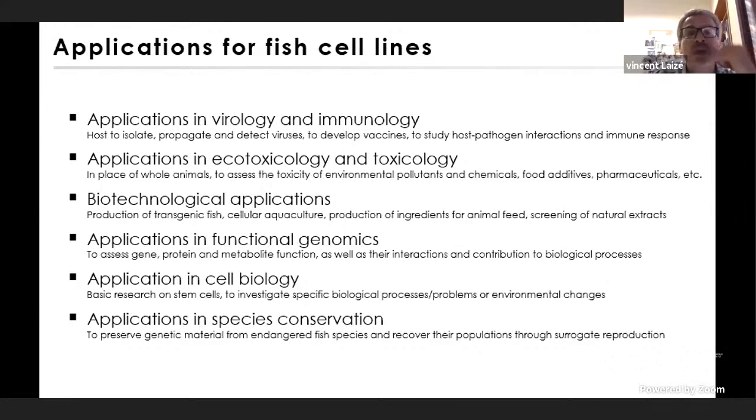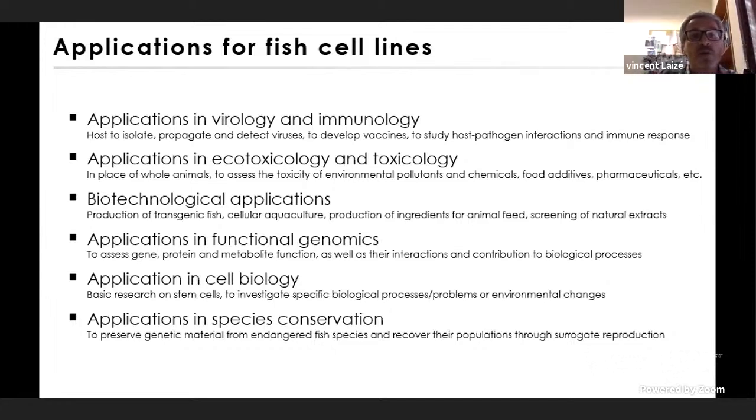Traditionally, fish have been used for ecotoxicology studies to test the toxicity of environmental pollutants, of water effluents, but also to test the toxicity of food additives, pharmaceuticals, cosmetics. So the idea of using fish cell lines is to replace animal experimentation, used in place of the whole animal, in place of the fish.